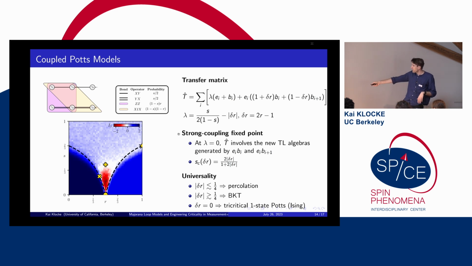You can solve this phase diagram exactly. And what you find is there's a BKT transition here, there's a percolation transition here, and there's this Ising tricritical point here. So it's the tricritical one-state Potts model, which is in the Ising universality.